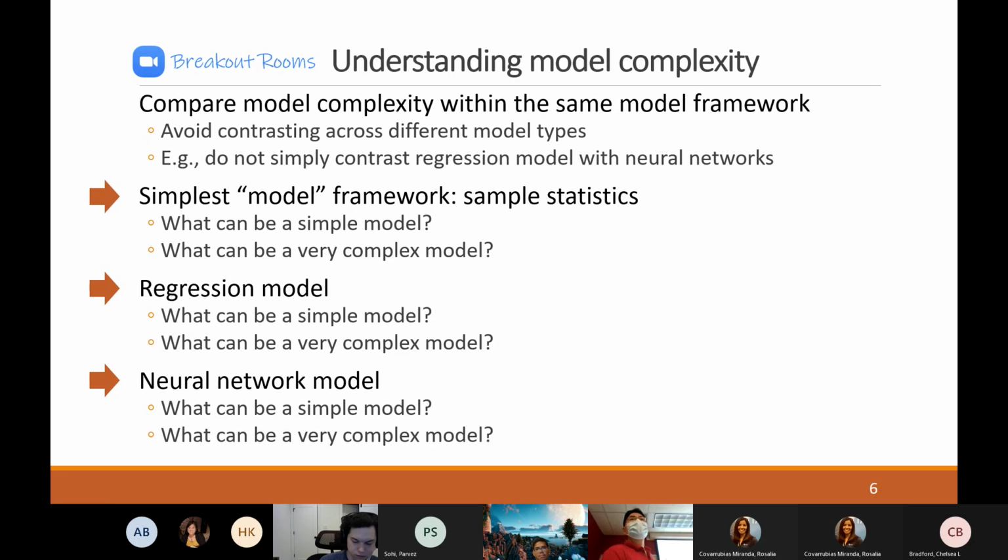What about neural networks? Probably haven't read about it yet, but you may have a notion of what neural network look like. They have different layers. It's like the neural reflection path, right? The longer the path is, the more complex the model is.